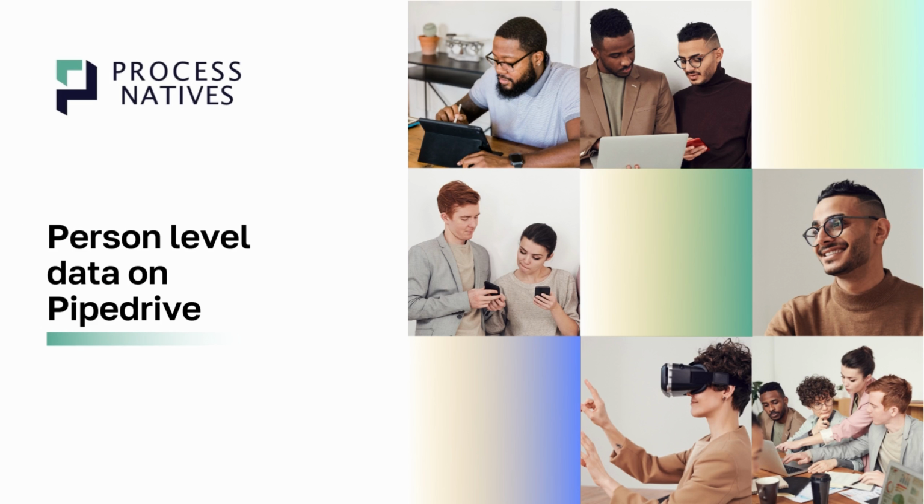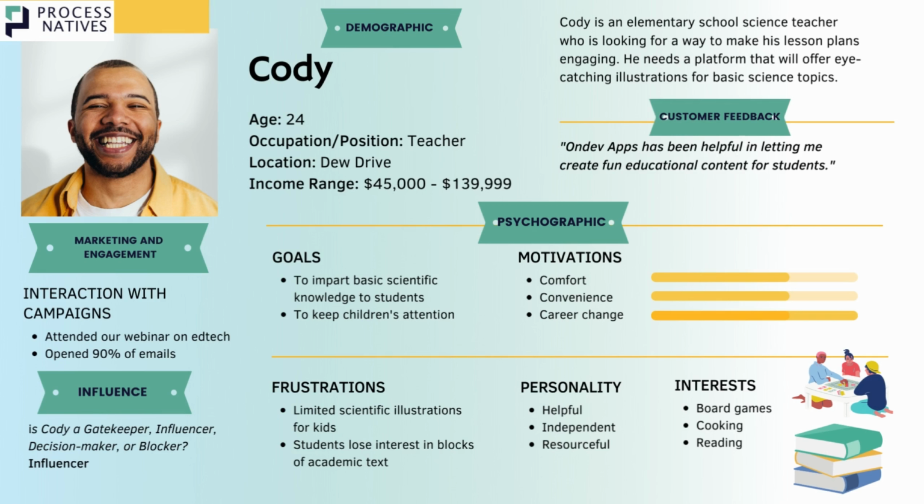Person is your contact that you're trying to build a relationship with and understand their inner motivation. So what are the primary things or data points you should be focused on? We have created this profile that explains demographic, customer feedback, psychographic, marketing and engagement, and influence data types.